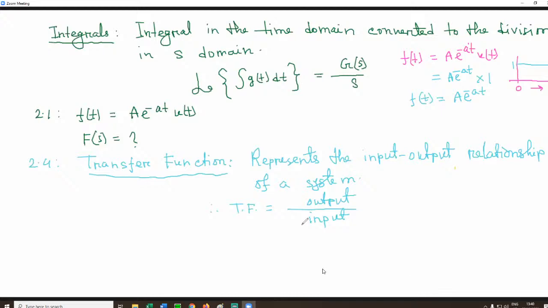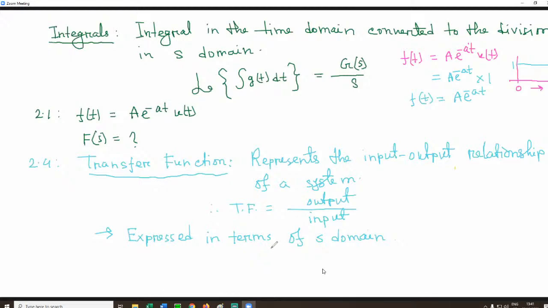It is expressed in terms of the S domain, which means it is expressed in terms of the frequency domain.